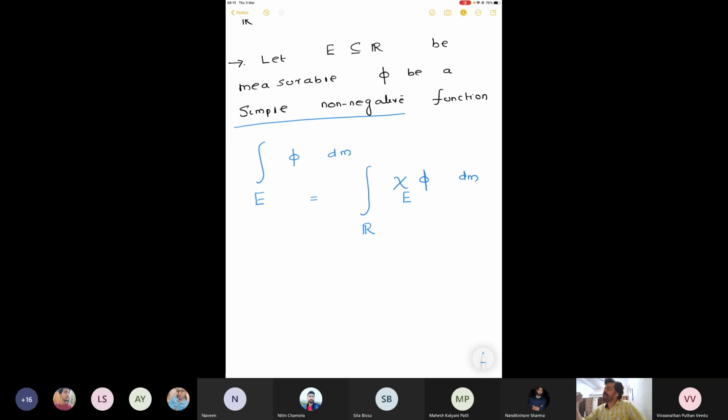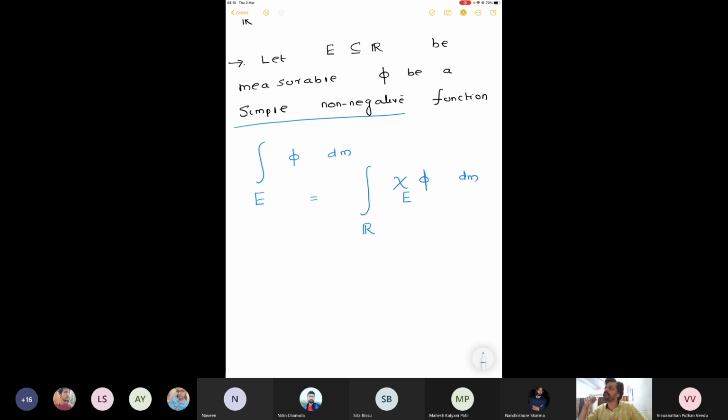Now, if you want to extend the integral to more general functions, one thing that we always have to verify is whether whatever you have done so far satisfies all the requirements that you expect of an integral. For instance, you expect that the integral of a sum is equal to the sum of the integrals. That is linearity you expect.